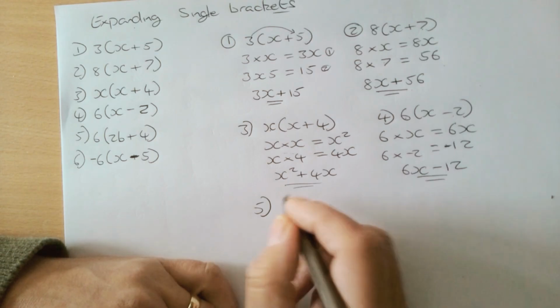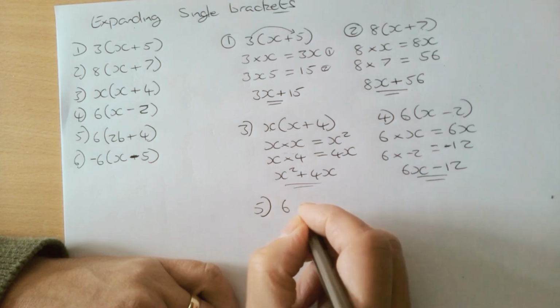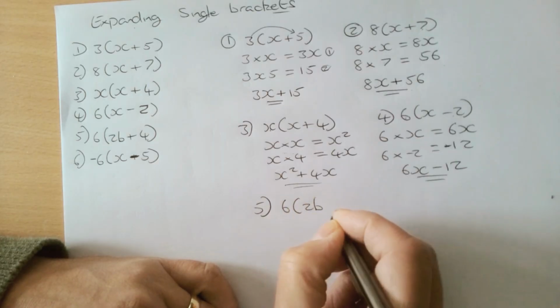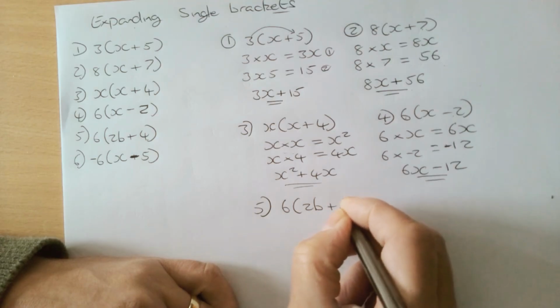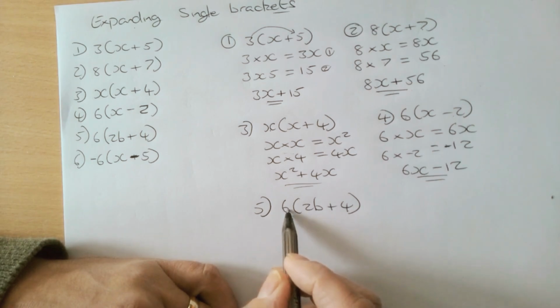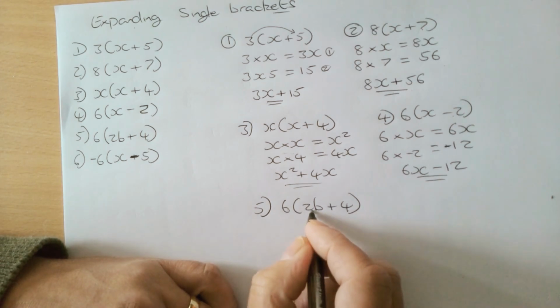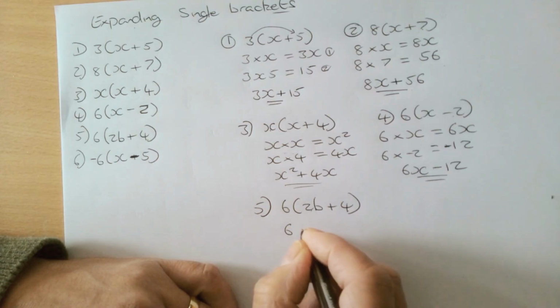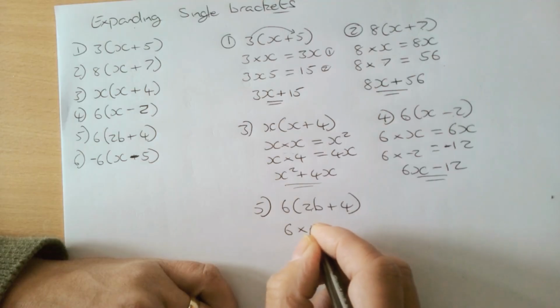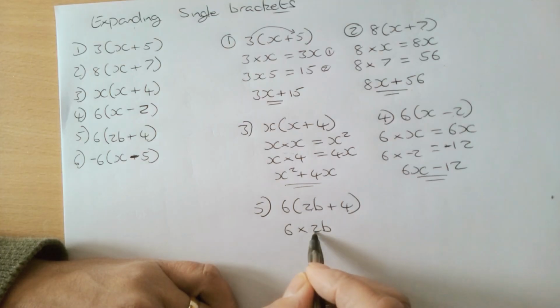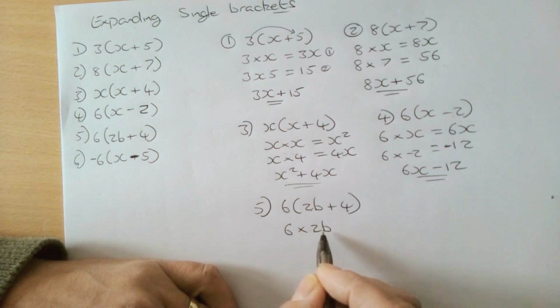This time we've added a letter into it. Makes no difference. It's still pretty simple. So it's 6(2b plus 4). So 6 times 2b. You only times the 2. It's not 6b's, it's just times the 2.